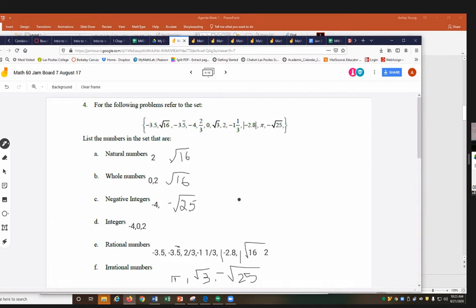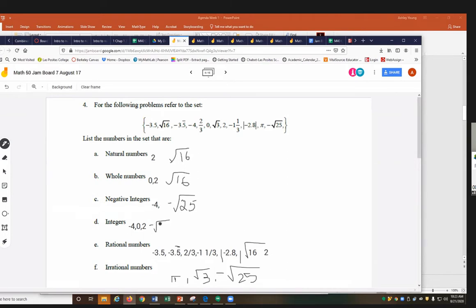And then for B, I think you have -4, 0, and 2. So these are the whole numbers that can be positive or negative. Now here's the thing, you've got to add some. Now we do the square root of 25 as well, and then the square root of 16.